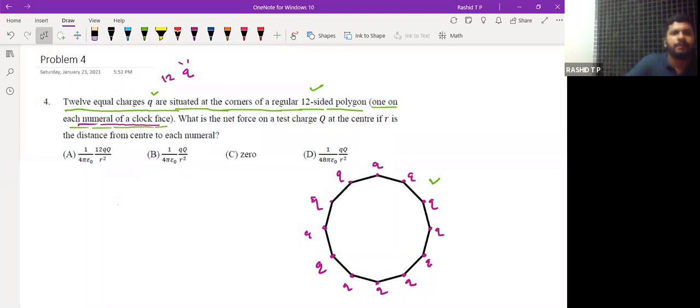Fine. Next, what is the net force on a test charge Q at the center? Okay. What is the net force on a charge Q kept at the center?